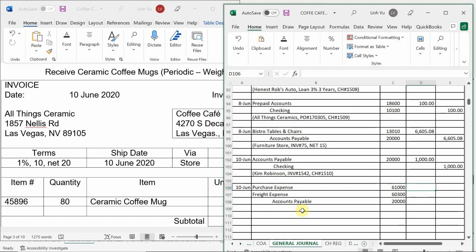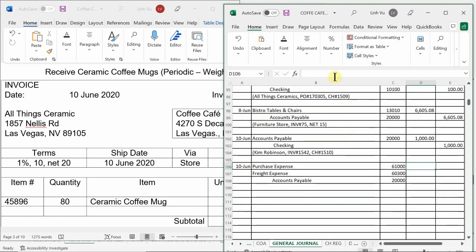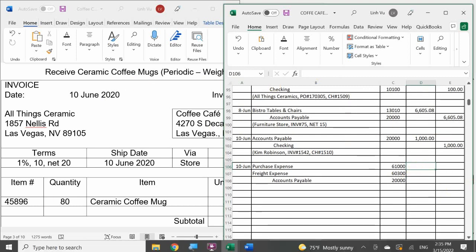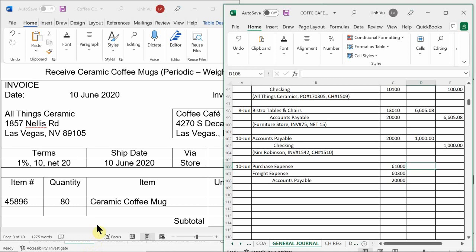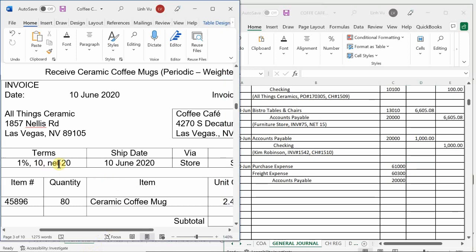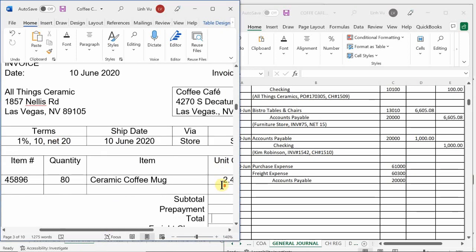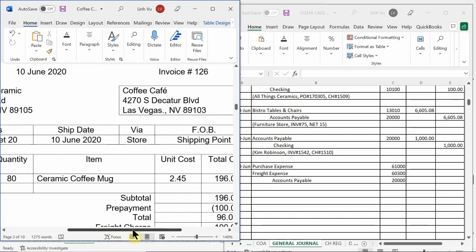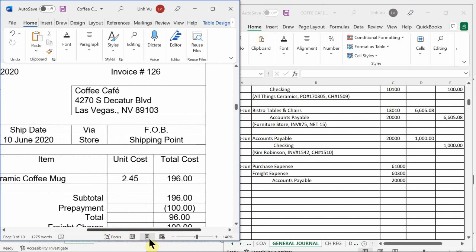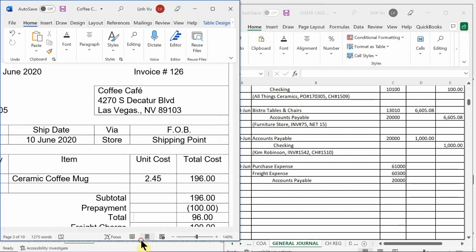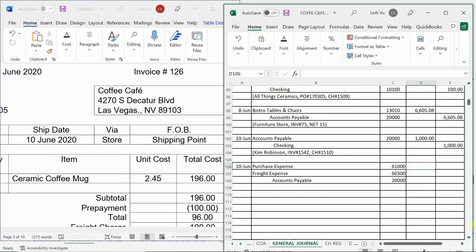Okay, so that's what we have now. Now in this case, we have a purchase expense. How much is my purchase expense for? If I bought 80 mugs at $2.45 each, what is my total purchase price? $196.